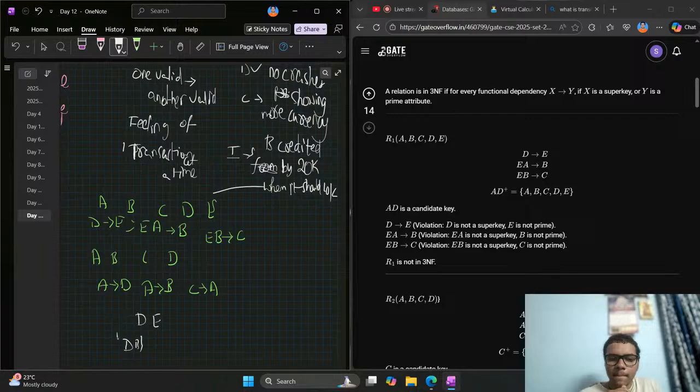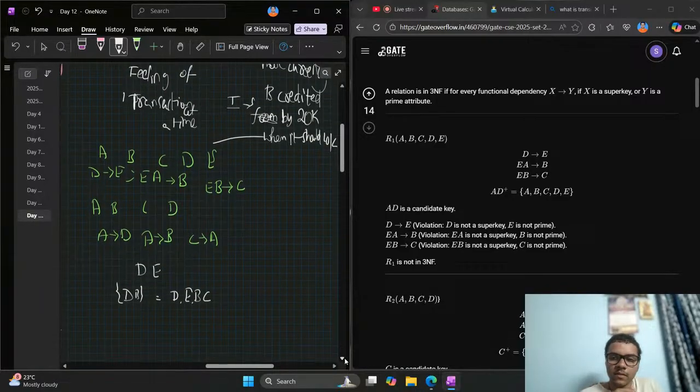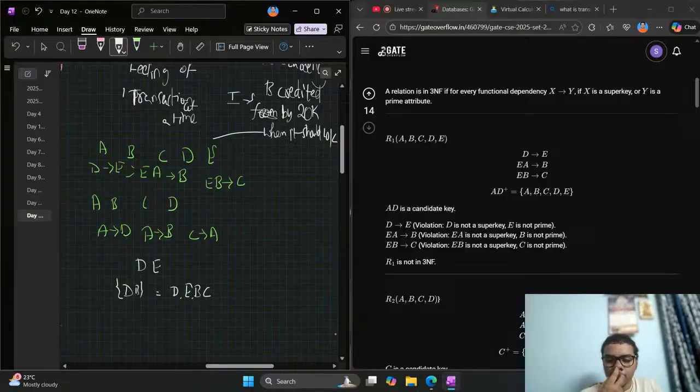Suppose let's say if I give DB, with D you can get E, and with EB you can get C, and you cannot get A by any ways. Oh wait, yeah, we have seen that.